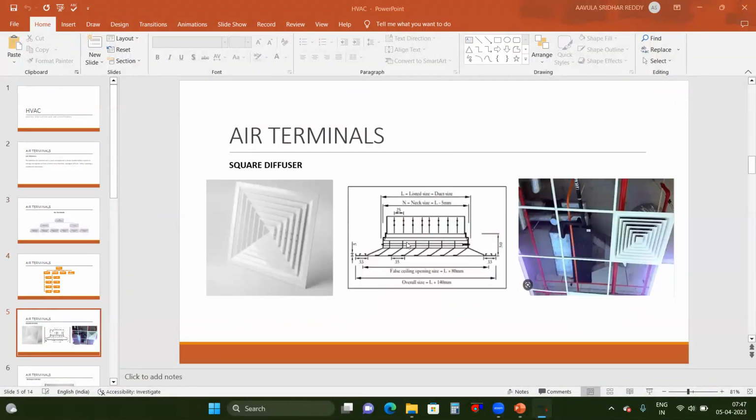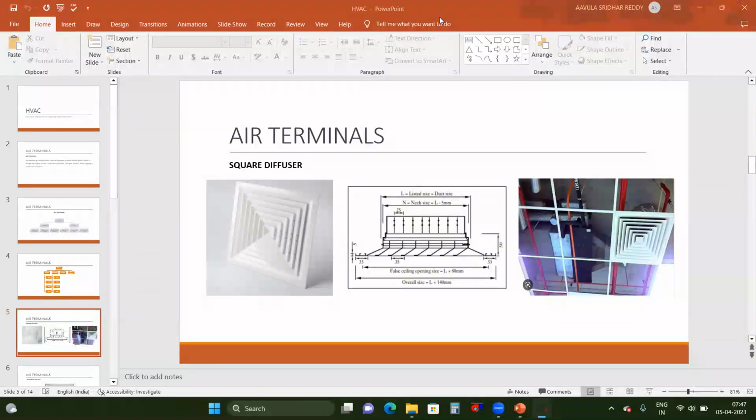So the middle one, if you see, we call it a GA, general arrangement drawing. Okay. These are sectional drawings, so you can understand what the elements present in this diffuser are. So remember that whenever you are selecting the diffusers, after this, I will show how to calculate the diffuser size, everything.